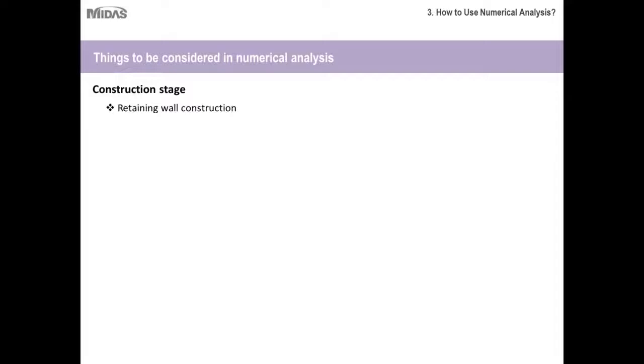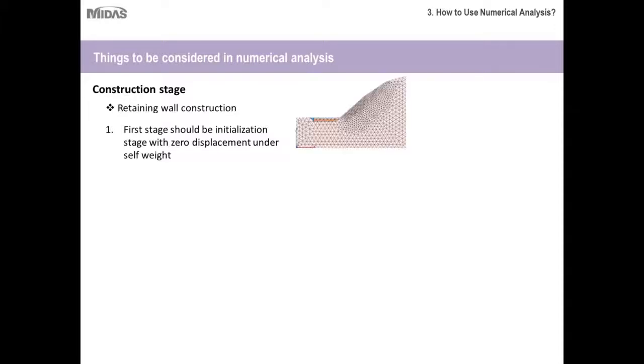Basically, when you are constructing a retaining wall in a sequential format, you should always start with the initialization stage as your first stage. This means that the field or the slope is existing as it is in the field, and it is stabilized or fully consolidated under its own self weight.